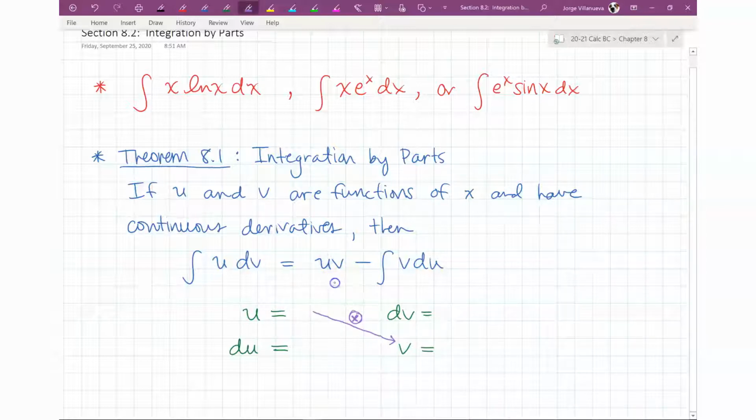So you multiply diagonally. And then you subtract the integral of this product. So subtract the integral of the product of v du, whatever that happens to be. So let me show you how this works.